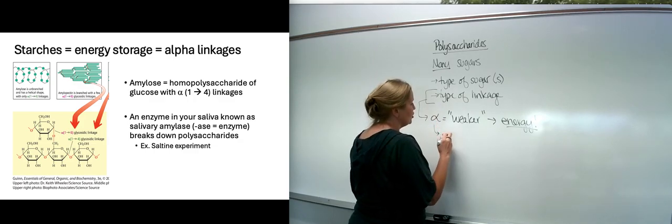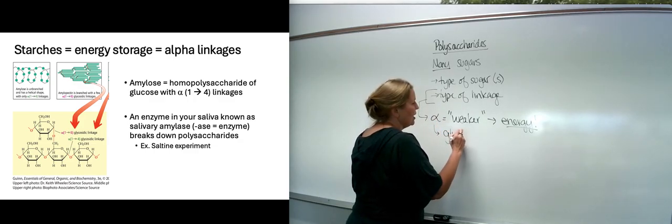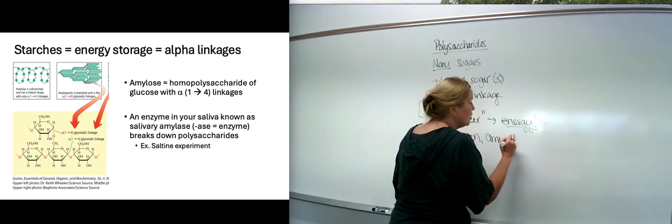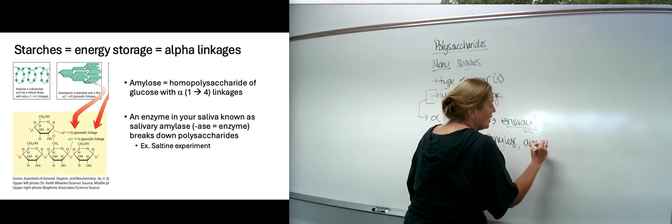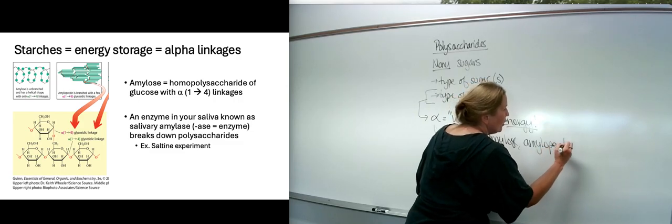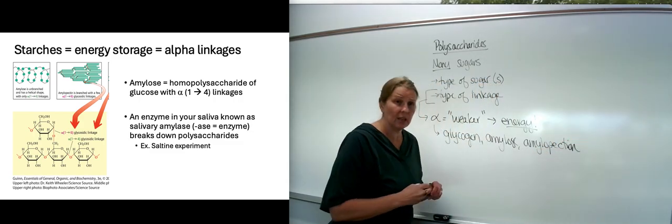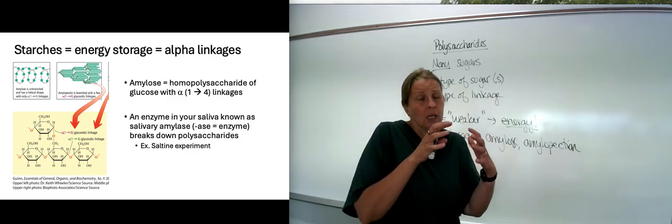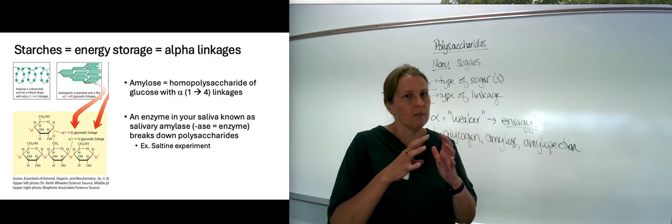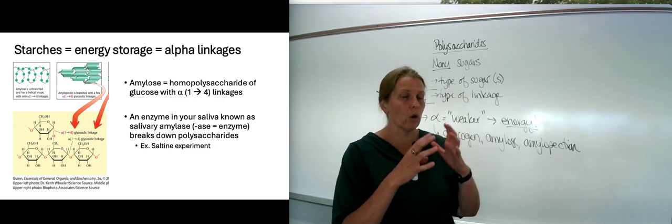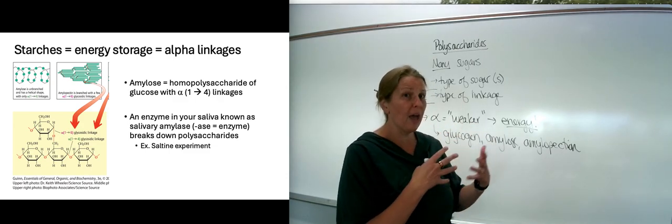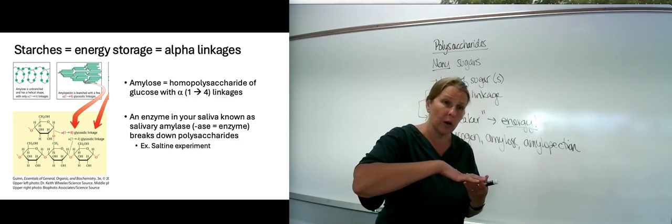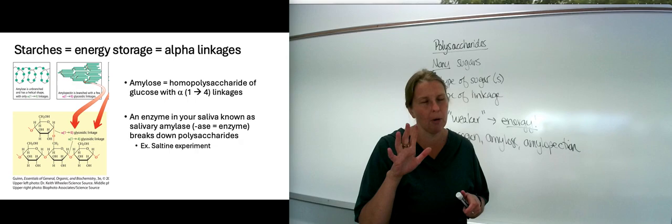Alpha linkages are common in glycogen or what we call amylose, or you may have heard of amylopectin, or if you look at jellies and jams, you might have heard of pectin before. Jelly and jam is not solid, but it's not liquid. It's in between, and you can get more movement or less movement, depending on how much energy is in those linkages to make them more structural or less structural, which we'll talk about in just a minute.